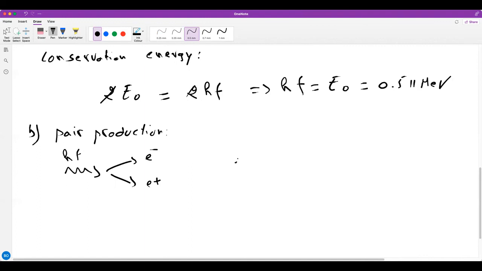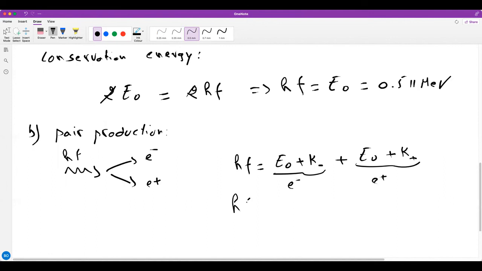Now, because of the conservation of energy, HF will produce the energy of the electron, which is the rest energy of the electron plus its kinetic energy, plus the energy of the positron plus its kinetic energy. I will call them K minus and K plus. This is the electron, this is the positron. Now HF will be 2 times E0 plus K minus plus K plus.